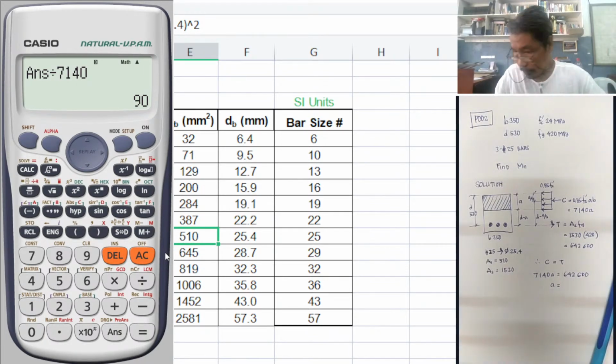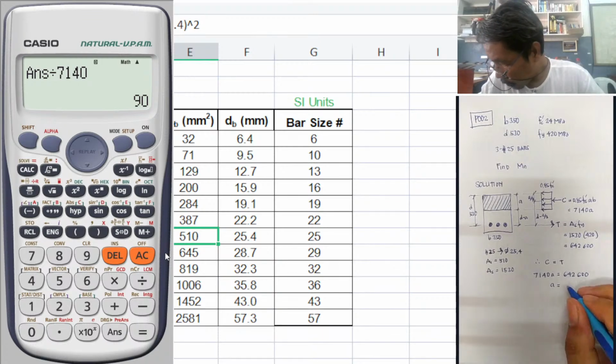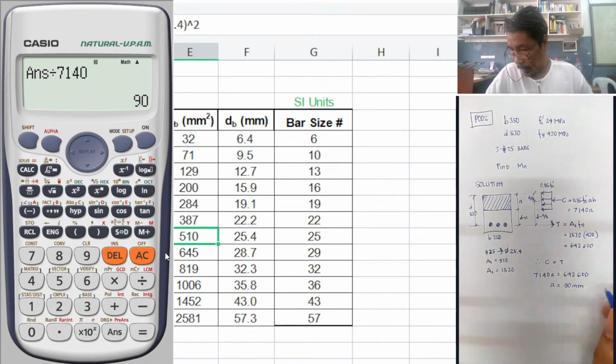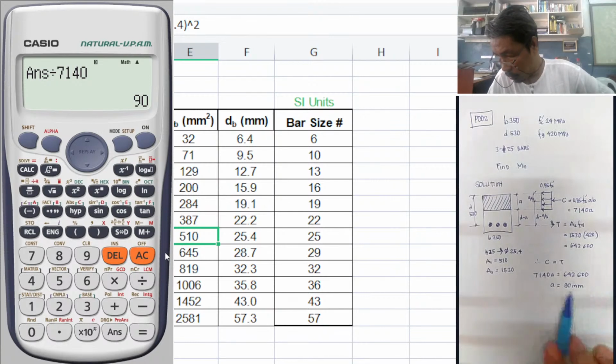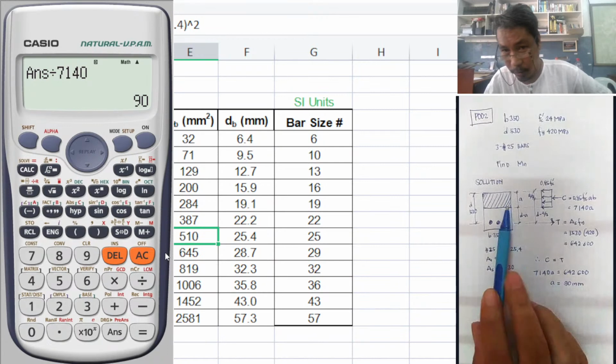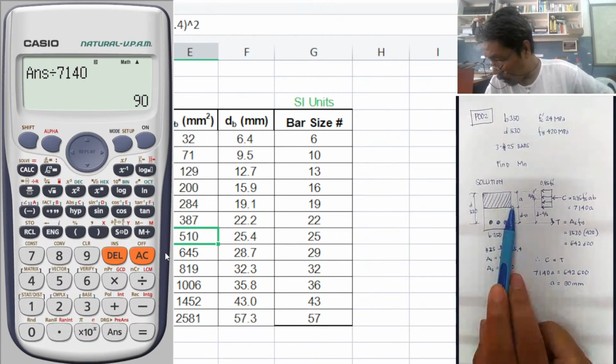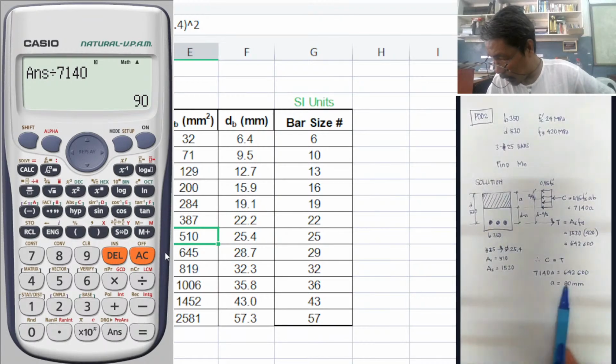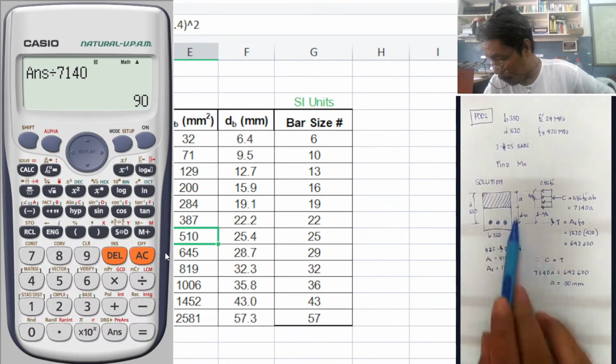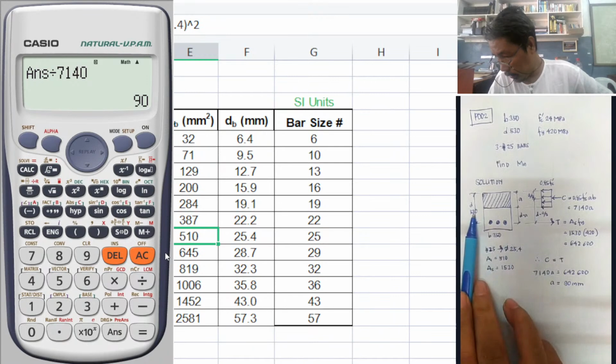So 90 mm. You have to check it on the figure, on your drawing, on your sketch. Is this possible? This must be less than 1/2 of D. Oh, okay. It is okay.